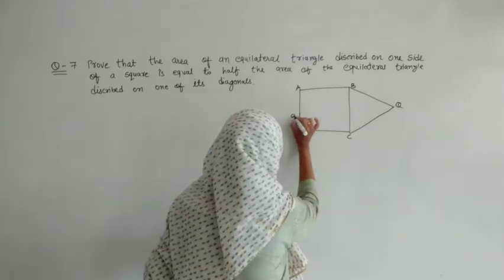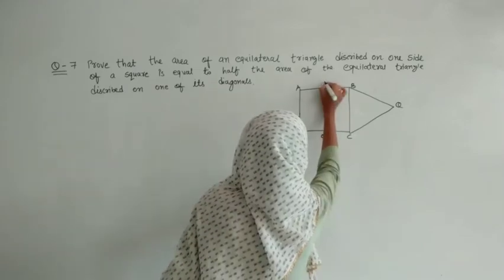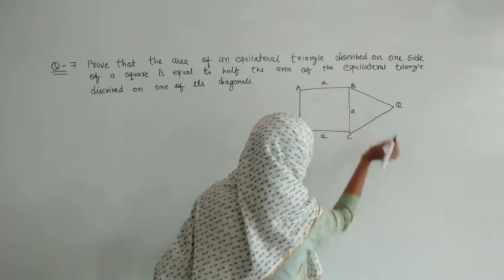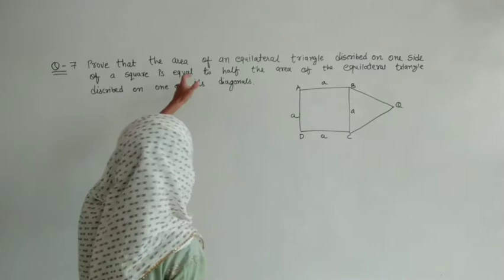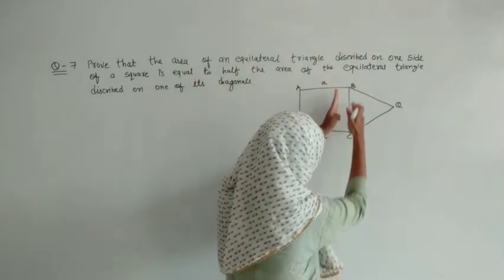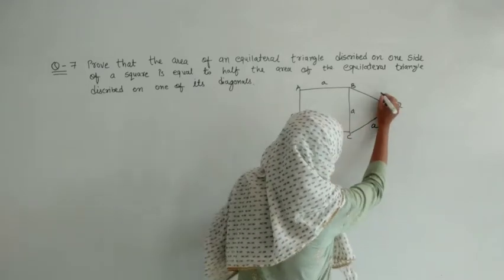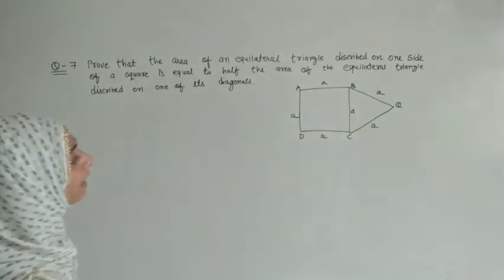So suppose if you are taking side of this square as A, so this will be also A, this will be also A, this will be also A, and as they told us, it is also an equilateral triangle which is described on one side of the square. So side of it also will be A and A.